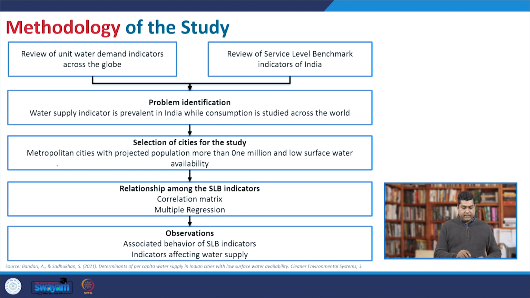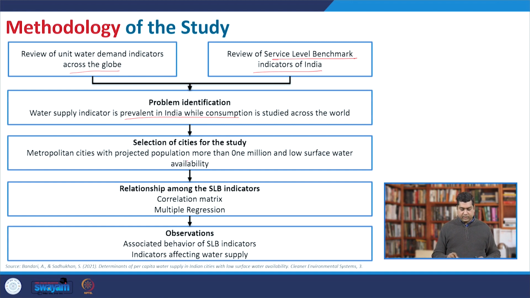So in this case, first the review of unit water demand indicators across the globe, which gives some sort of indicator idea. Then the review of service level benchmarks for India. Then we try to understand the problem: the water supply indicator is prevalent in India while consumption is studied across the world. So let us focus on the per capita supply or PCS.